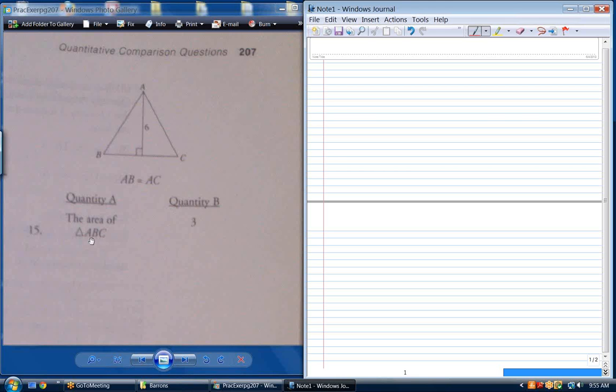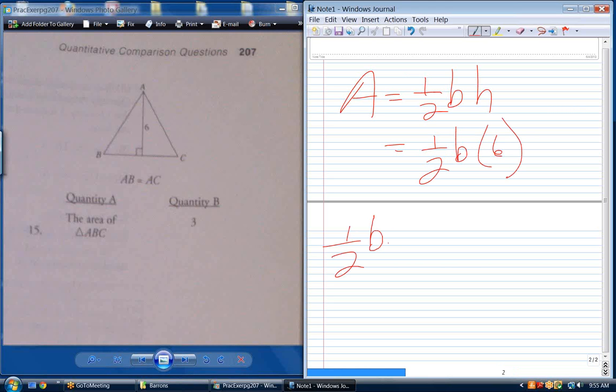Since one of the questions is the area of a triangle, let's just start with the area of a triangle. What's that equal to? 1/2 base times height. Okay. So in this case, it's 1/2 base times 6. And we're comparing 1/2 base times 6 with the number 3. So we'll have 3b and 3.